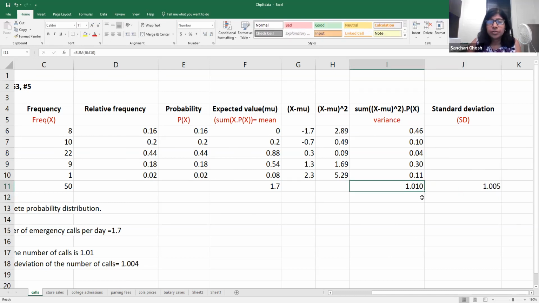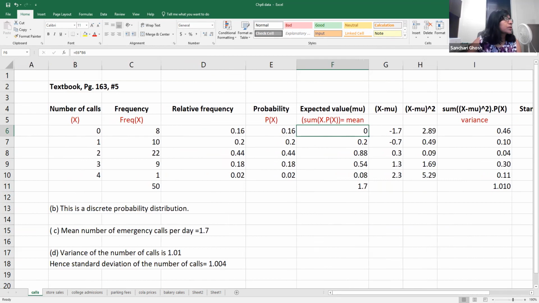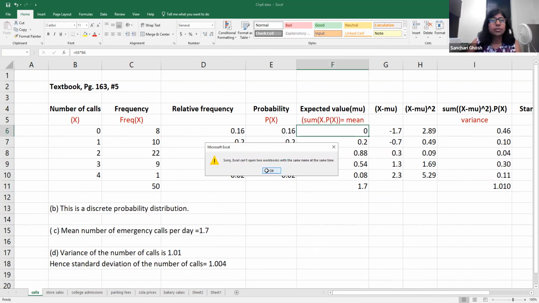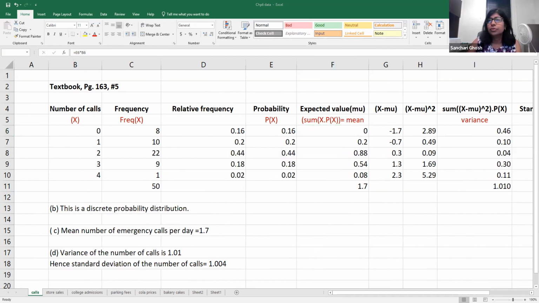Just thinking if this is correct. Expected value. Just have to go through one little thing here.